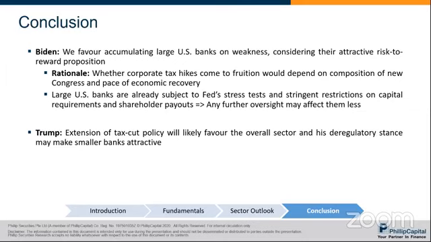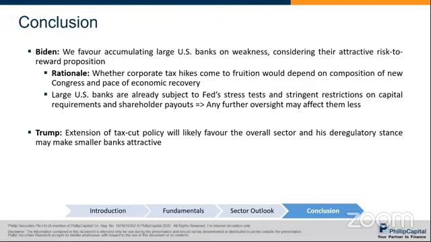And also, many people are afraid of Biden's regulation clamping down on all these big banks. But ultimately, we believe that the large US banks are currently already subject to multiple stress tests by the Fed itself. And they also have stringent capital requirement restrictions that they need to adhere to.